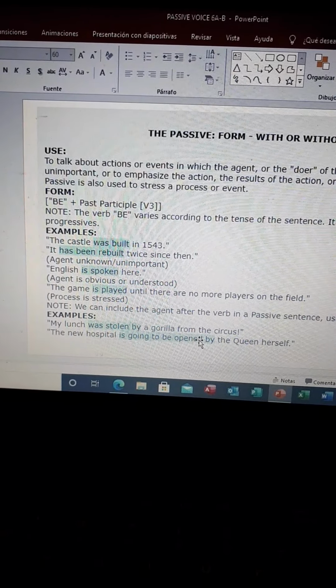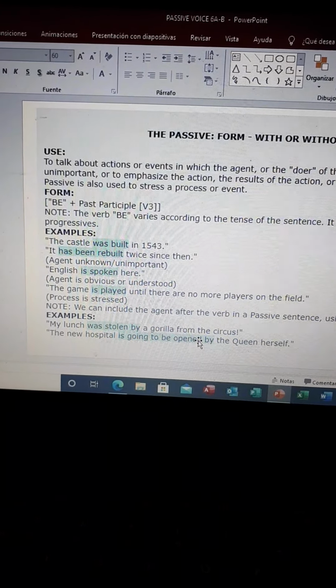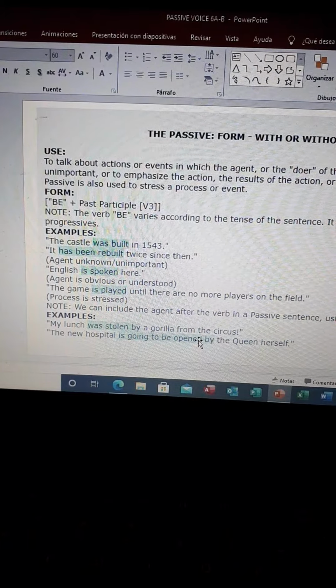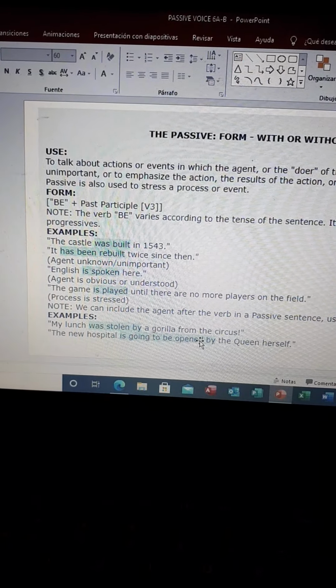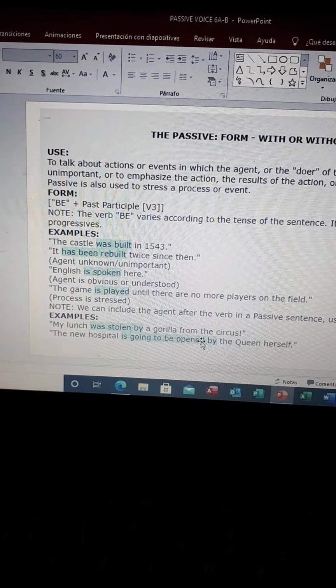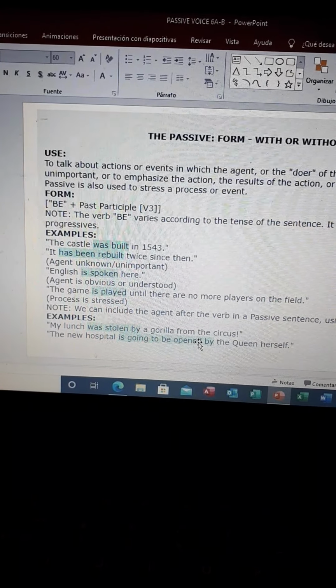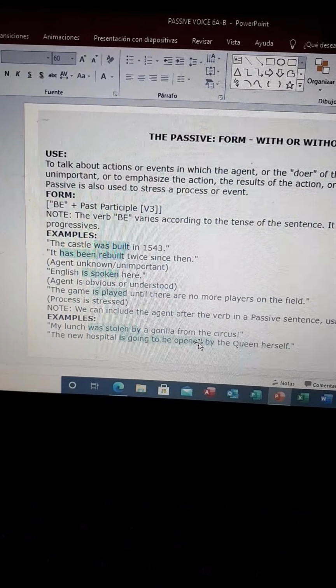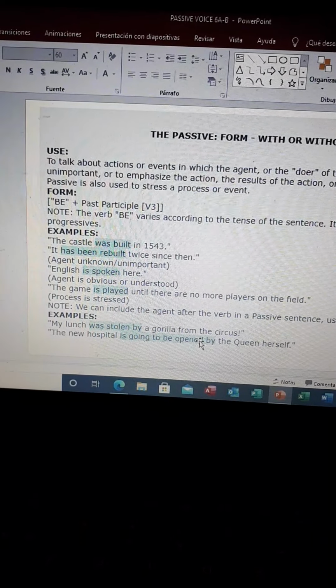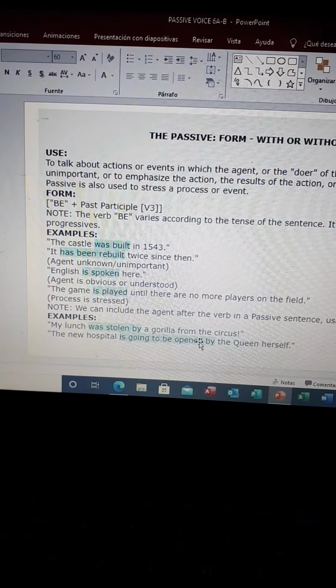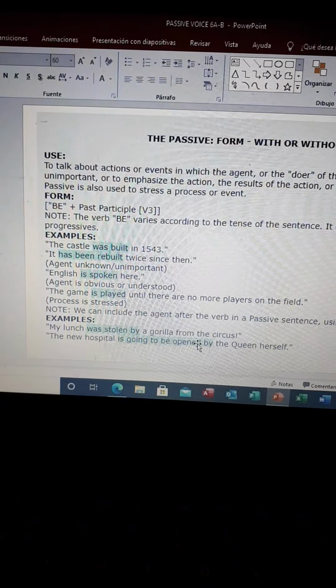We have more examples. The game is played until there are no more players on the field. Es jugado, ¿ok? Por eso está ahí, digamos, resaltado la parte de la voz pasiva, ¿sí?